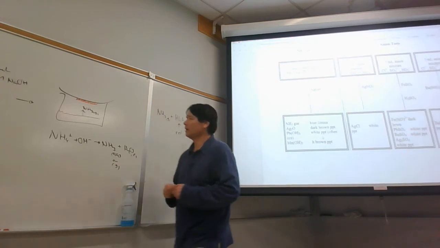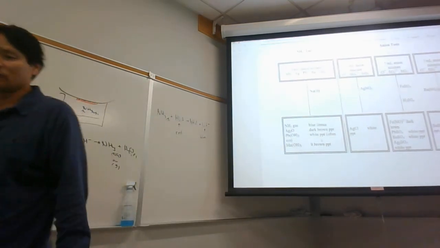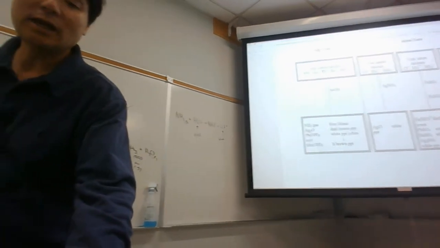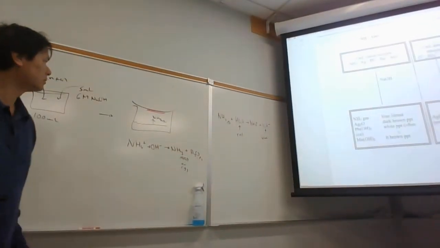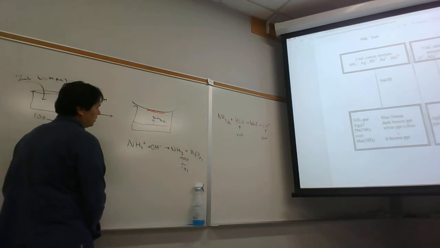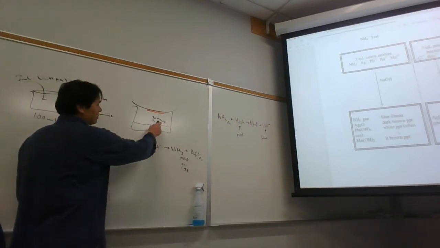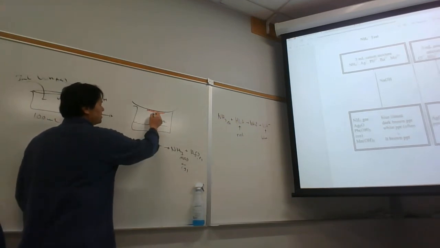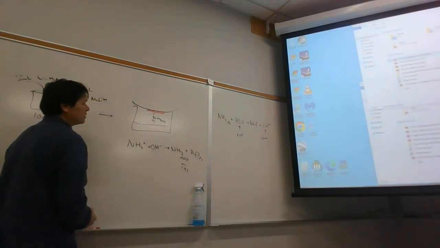So air is neither acidic nor basic. Nitrogen's not an acid, oxygen's not an acid, neither are those bases, but ammonia is a base. And so the ammonia is going to rise up and gradually turn the color of the red litmus to blue.